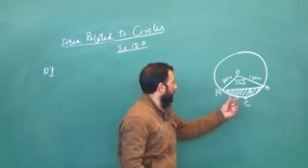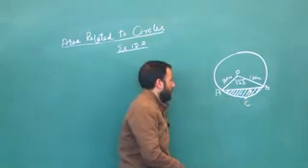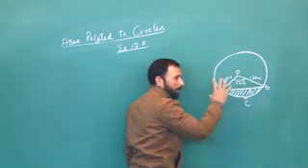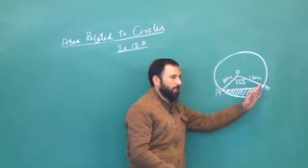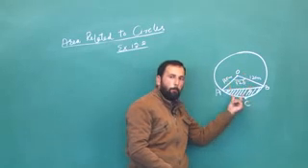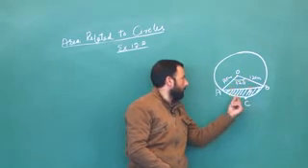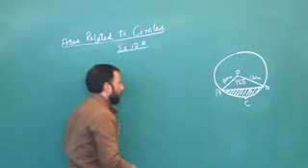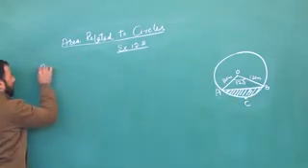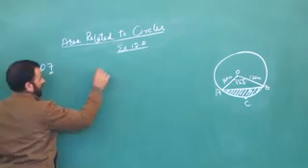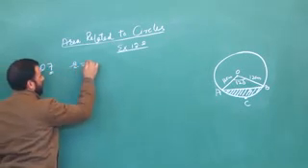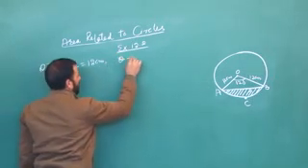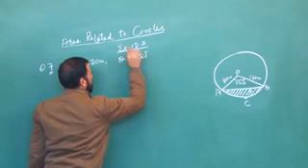Now we have to find the area of this segment. Clearly, if we take OACB as a sector and OAB as a triangle, then area of the sector minus area of the triangle will be equal to the area of segment ACB. So for this question, radius r equals 12 centimeter, theta is equal to 120 degrees.